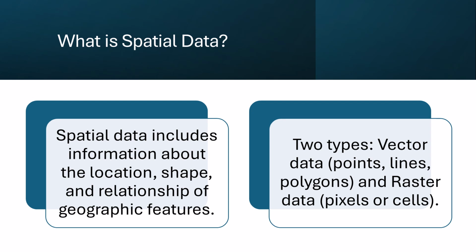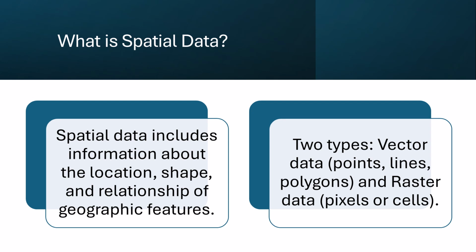Another foundational concept is spatial data. Spatial data is data that includes information about locations and shapes of geographic features and how they relate to one another. This type of data can be vector or raster.